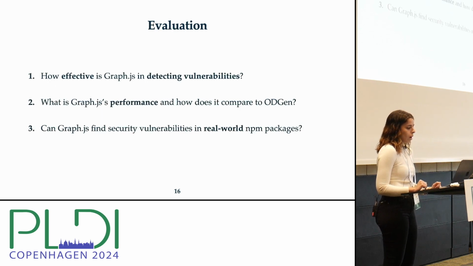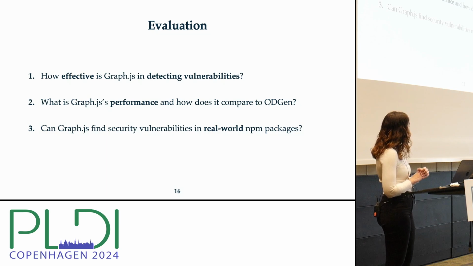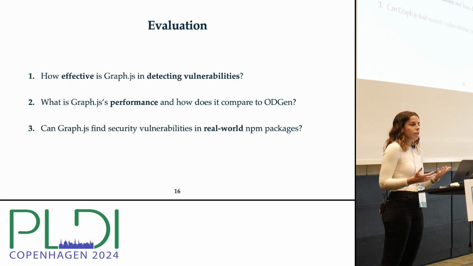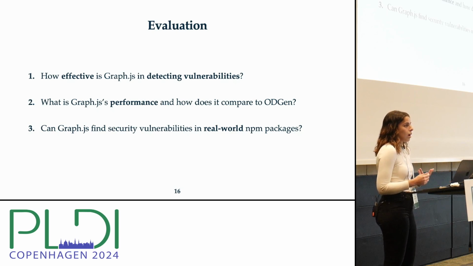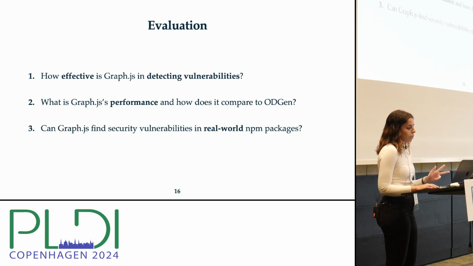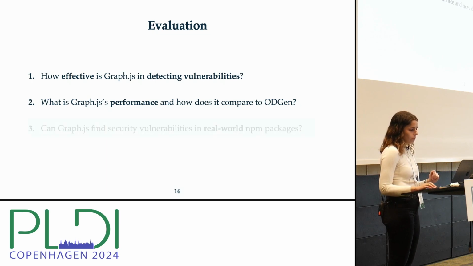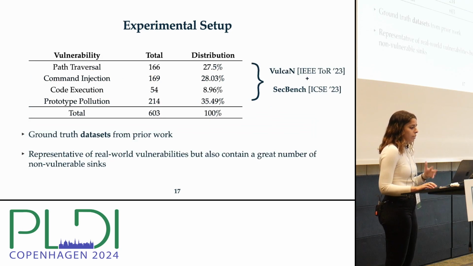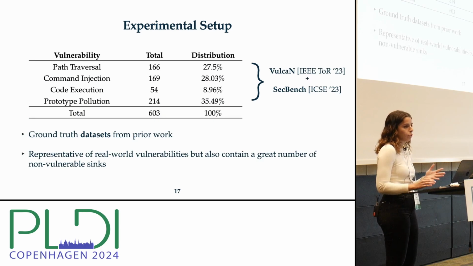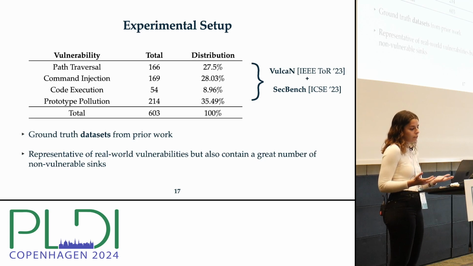Our evaluation focused mainly on answering these three questions. So how good is GraphJS in detecting these vulnerabilities? What are the performance gains? And can we actually find new security vulnerabilities? For this talk, I'm only going to focus on the first two. And to answer this question, we leverage two datasets from prior work, Vulkan and SecBench, which we use as our ground truth datasets.